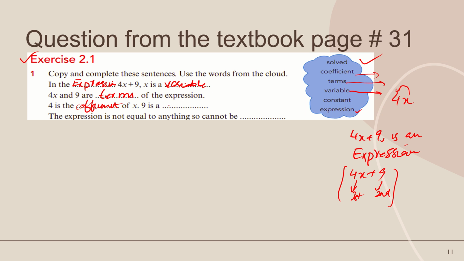And 9 is the constant because it's a fixed value. A fixed value is called a constant value.